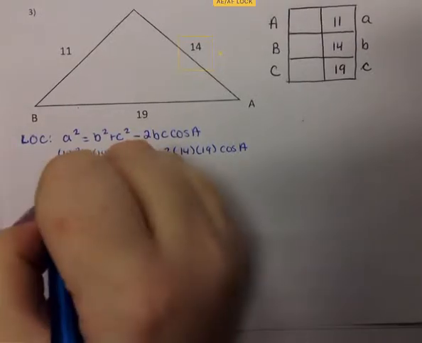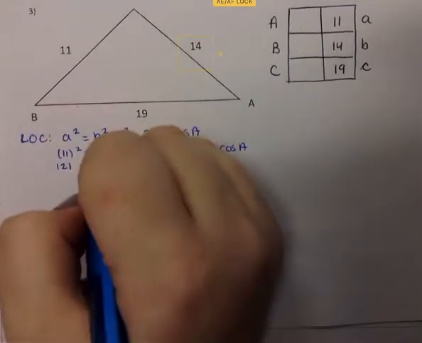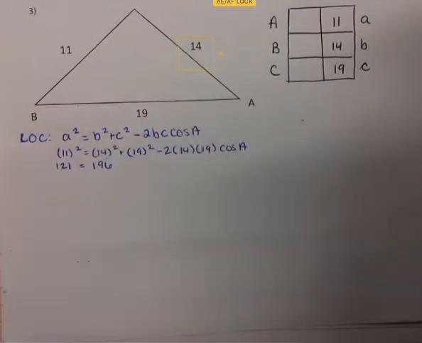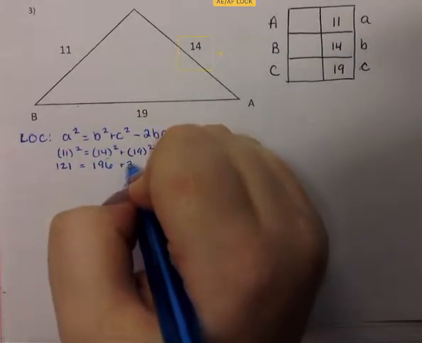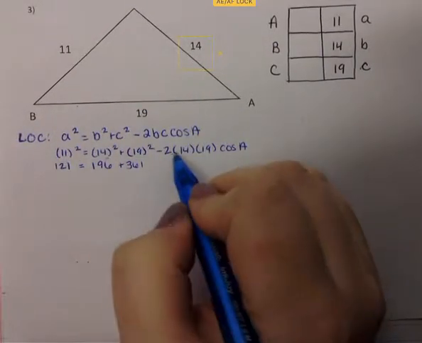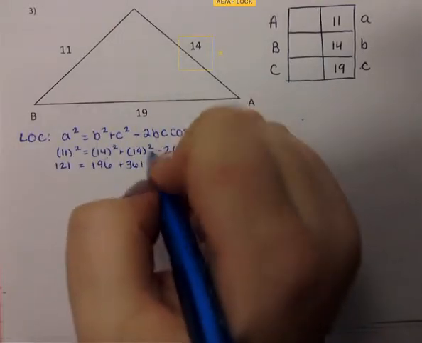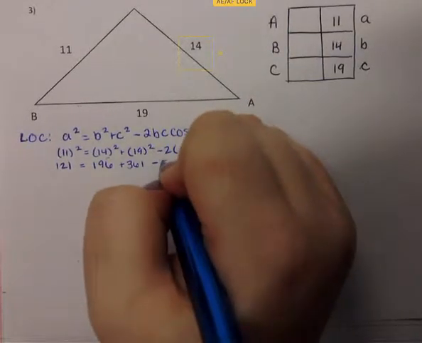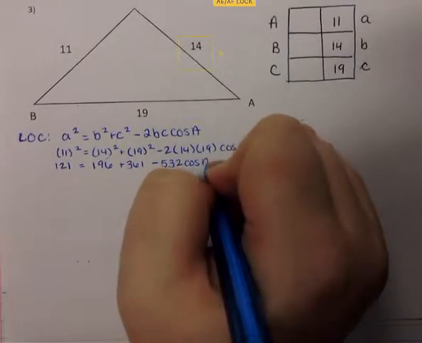So 11 squared is 121, is equal to 14 squared is 196, plus 19 squared is 361. And then we have 2 times 14 times 19, which is 532. So this is minus 532 times cosine of A.